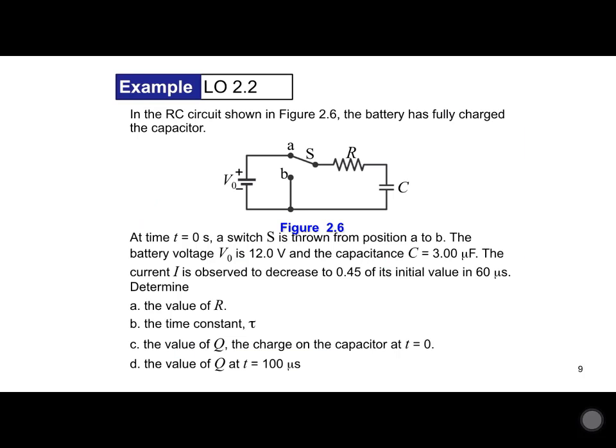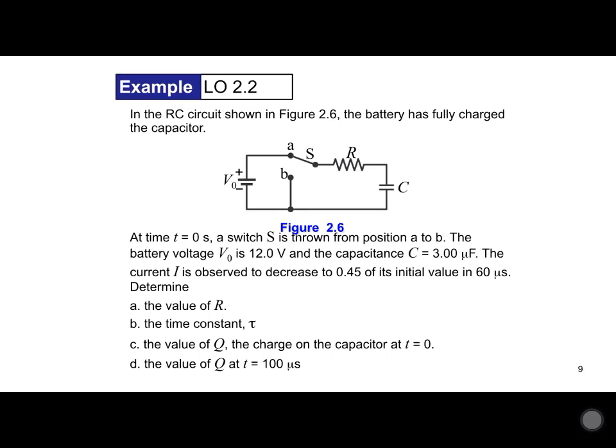So let's look at the example. In this RC circuit shown in figure 2.6, the battery has fully charged the capacitor. At time equals t0 seconds, a switch S is thrown from position A to B. Initially it is being charged, and then the switch changes from position A to position B. The battery voltage V0 is 12 volts and the capacitance C is 3 microfarad.